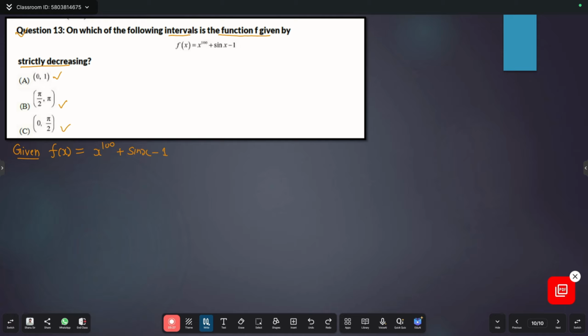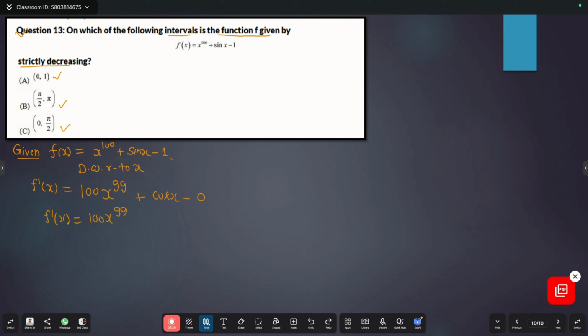Differentiate with respect to x. f dash: the derivative of x to the power 100 is 100 x to the power 99. The derivative of sin x is cos x. The derivative of 1 is 0.